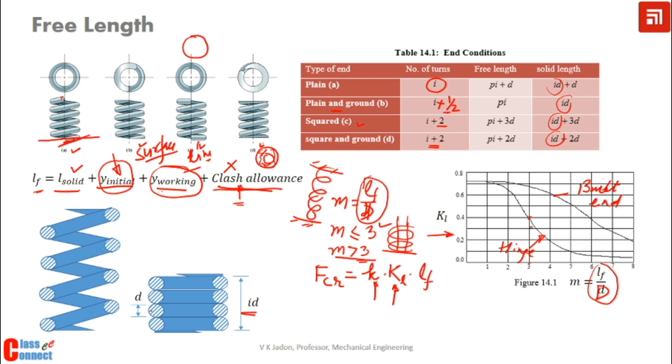So in this, for the hinge case, we have the value of KL as 4, and for built-in end we have a value of approximately 0.68, which is just less than 0.7 if we see this curve. So this is how we can find out the free length and design for avoiding buckling. If it is not possible, then we should suggest that it should be guided.